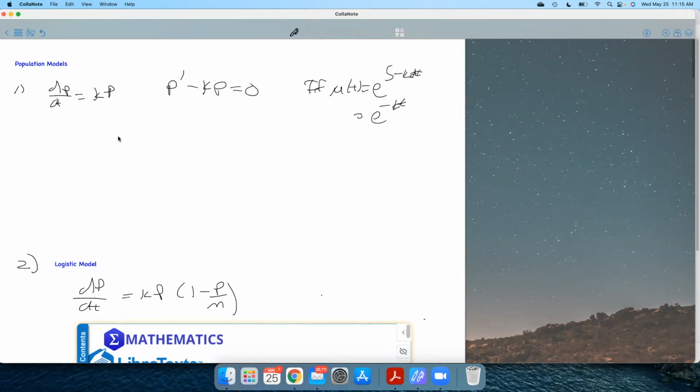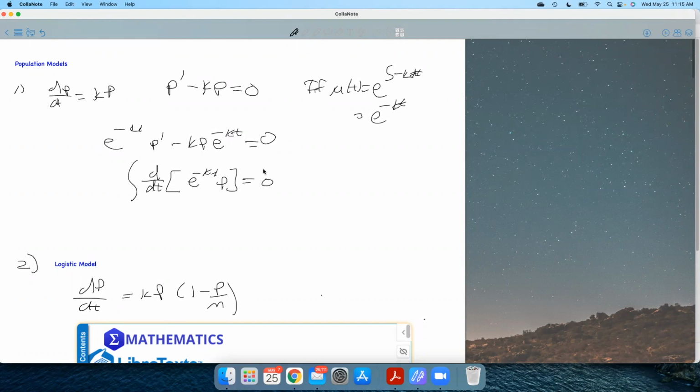So we'd multiply everything by that. Multiplying on the right, anything times 0 is just 0. So the left-hand side is the product rule derivative of the integrating factor times P.